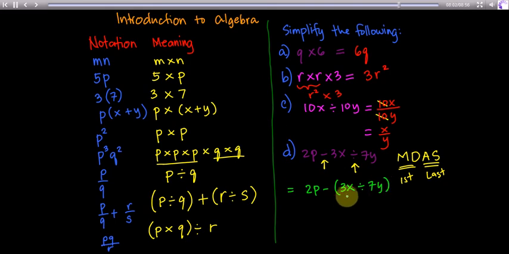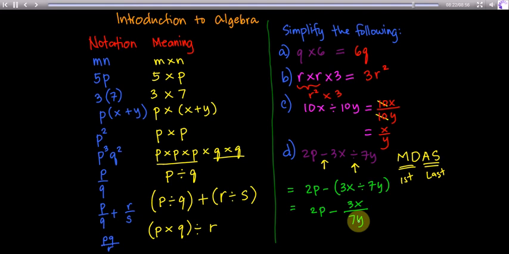So we could make it into 2p minus the fraction 3x over 7y.